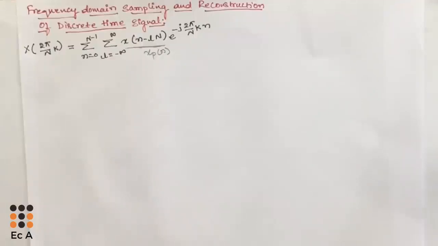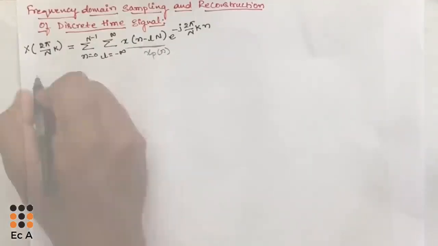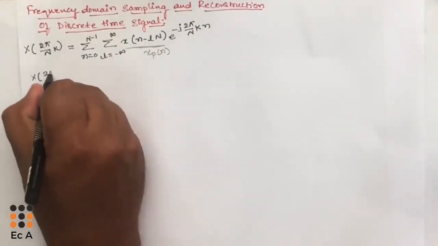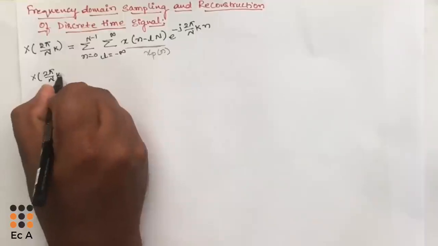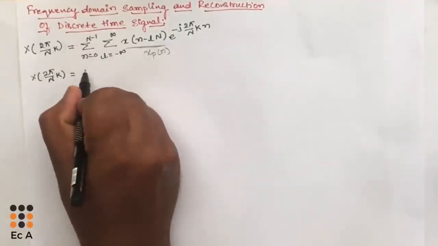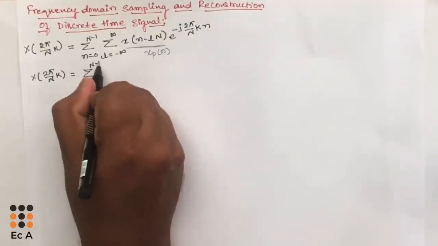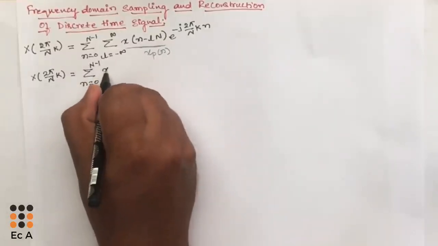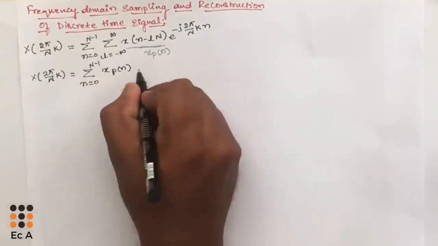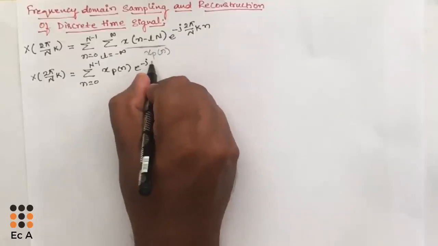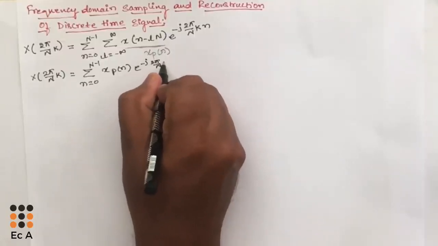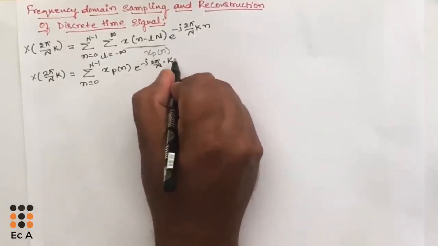Since x of n minus ln is a periodic signal, we can replace this term as xp of n. So we can write the above equation as X of 2 pi by N into k is equal to summation of n is equal to 0 to N minus 1 xp of n e to the power of minus j 2 pi by N into kn.